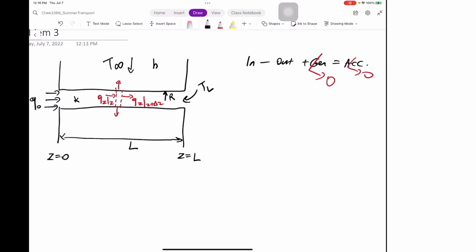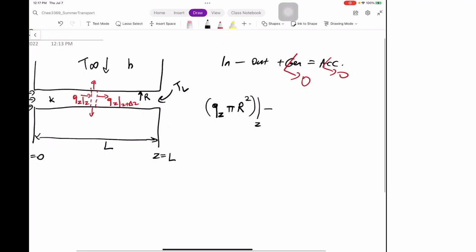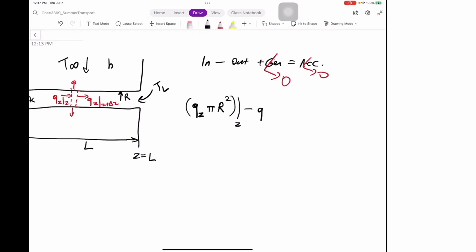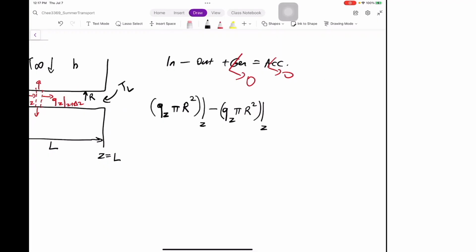I have 1 in and 2 outs. The in is Qz times the area, the cross-sectional area of the cylinder, which is the area of a circle, pi r squared, evaluated at z, minus the conductive term which is going out, Qz pi r squared at z plus delta z.